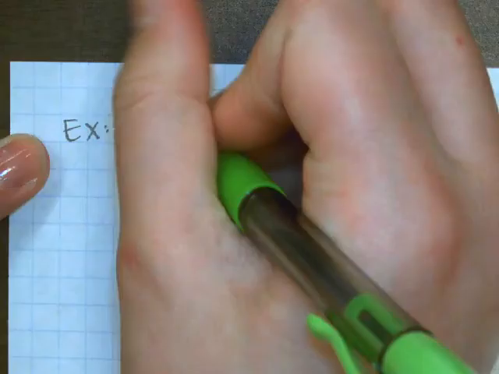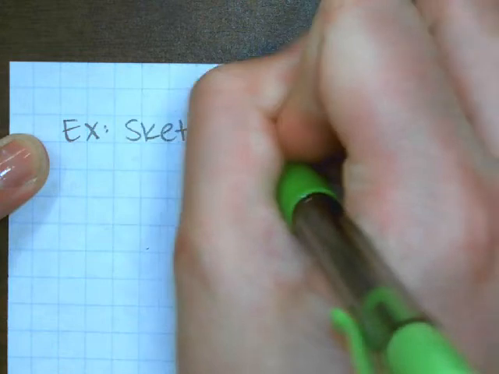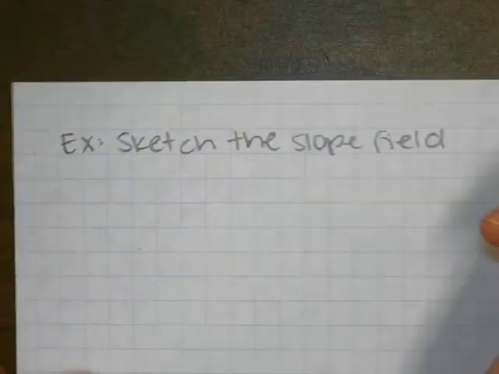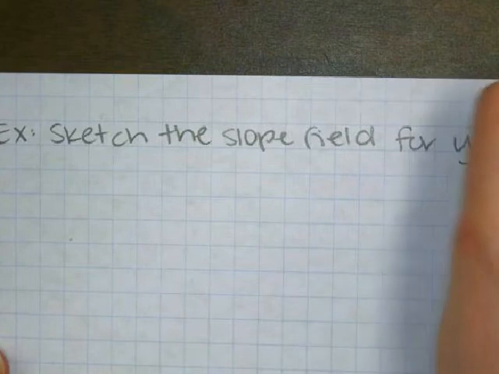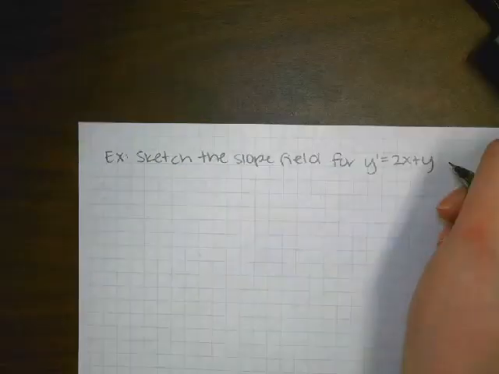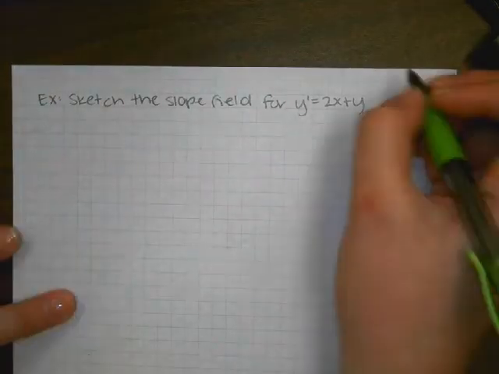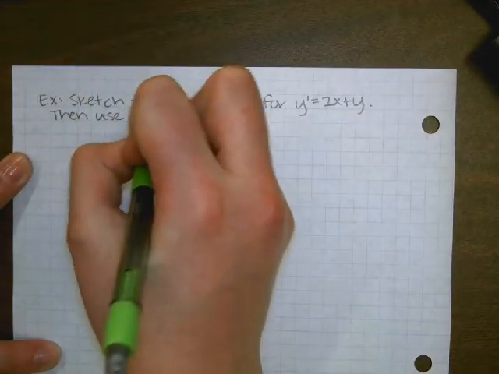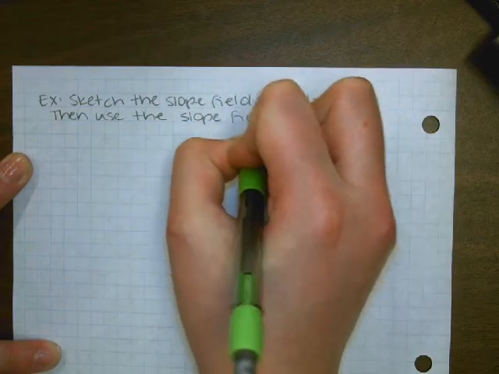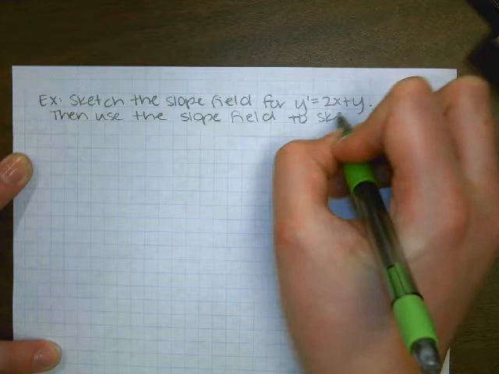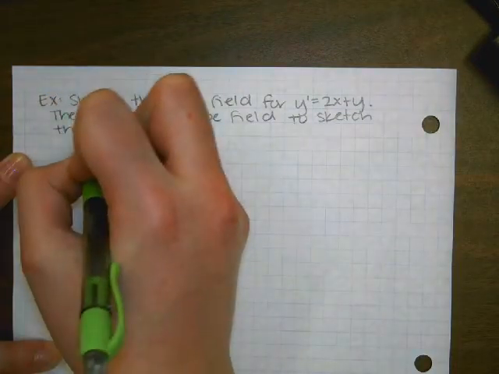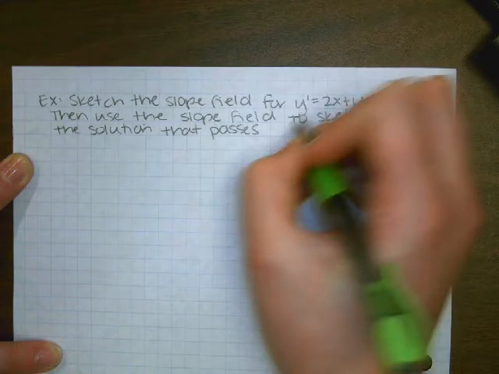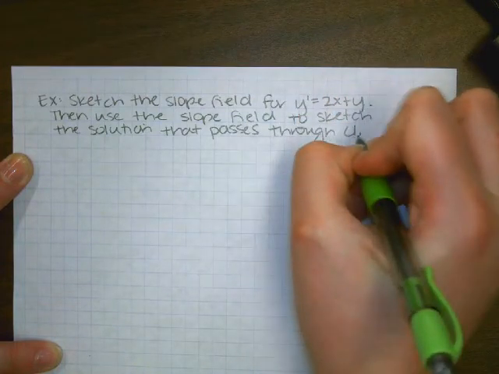We are going to sketch the slope field for y prime equals 2x plus y, and then we're going to use the slope field to sketch the solution that passes through (1, 1).